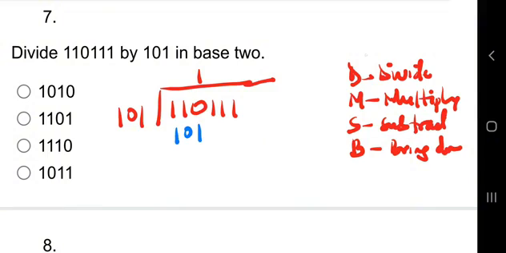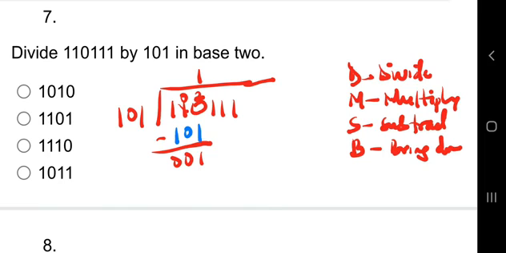Then the next stage is to subtract. Subtracting this will cancel. We borrow 1 from it, remains 0 here. Then it becomes 2 here. 2 minus 1 gives 1. 0 minus 0, 0. 0 minus 1 minus 1 is also 0. So we have done the subtraction.